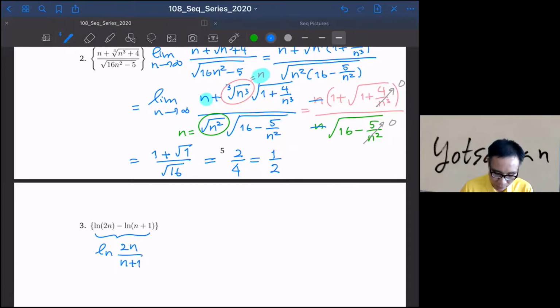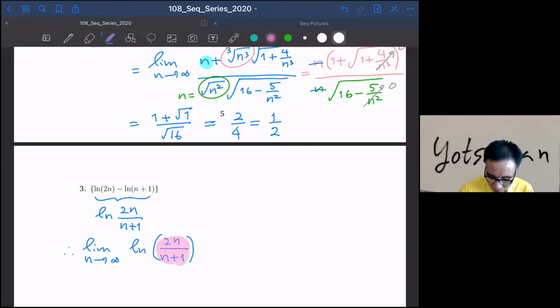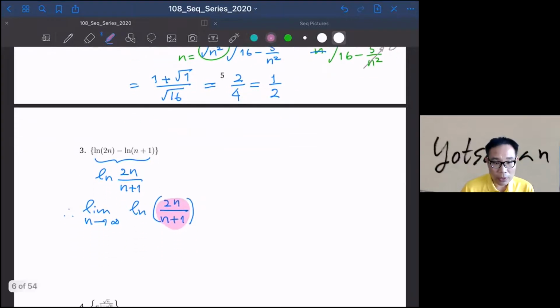You compute the limit as n goes to infinity of log of 2n over n plus 1 by just computing the limit of the pink guy first, and then you plug in.